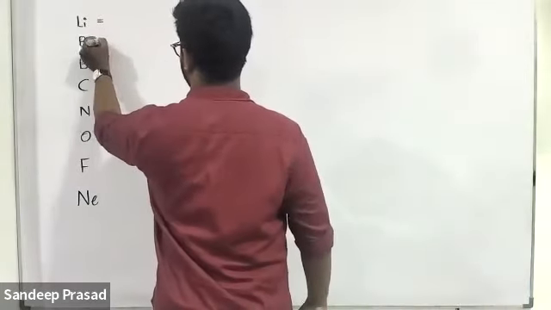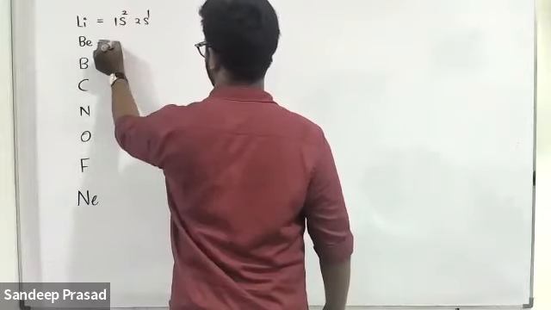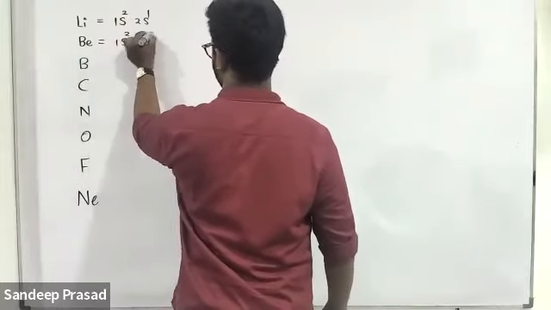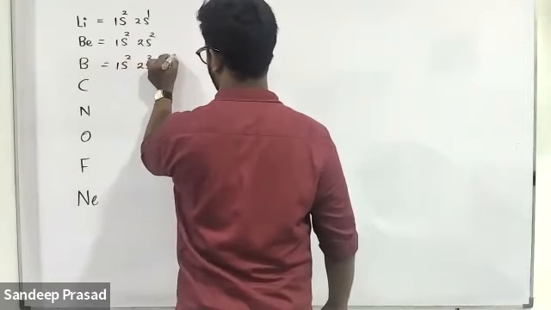What is the configuration of lithium? 1s2 2s1. Beryllium is 1s2 2s2. Boron 1s2 2s2 2p1.